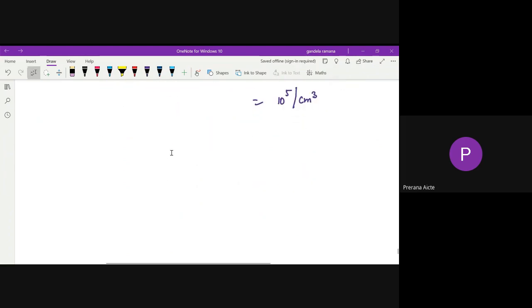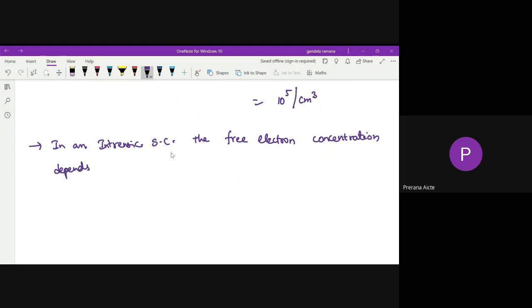So the next question is: in an intrinsic semiconductor, the free electron concentration depends on which?